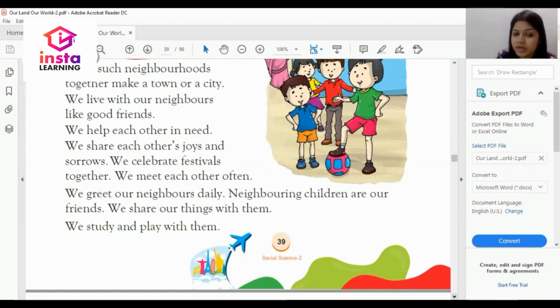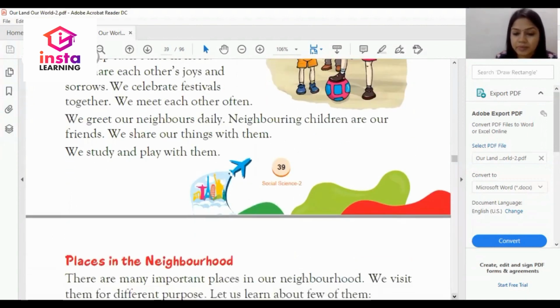We share each other's joy and sorrows. We celebrate festivals together. We meet each other often. We greet our neighbors daily. Neighbors' children are our friends. We share our things with them and we study and play with them.